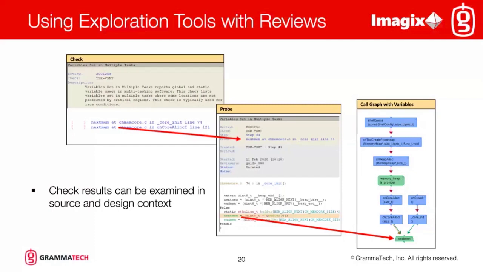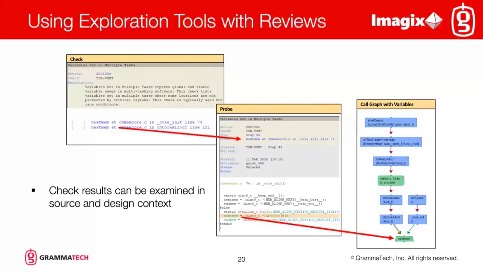And it's from this probe window that the full functionality of Imagix 4D's reverse engineering and program understanding and visualization and querying and so forth can be unleashed to explore the issue at hand. On the right, we see a call graph that has been launched, and we're able to see how a given variable is used. So in this control flow call graph, we're seeing which functions are calling the variable and all the way up the calling hierarchy.